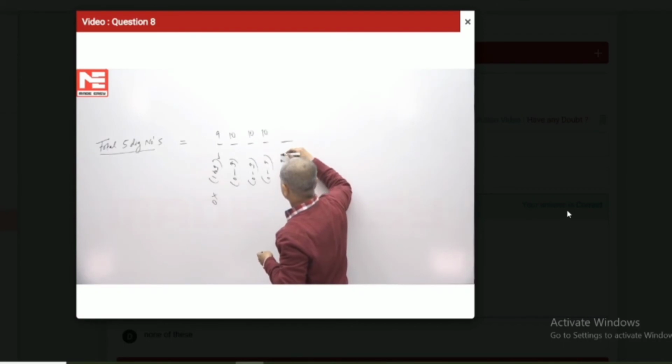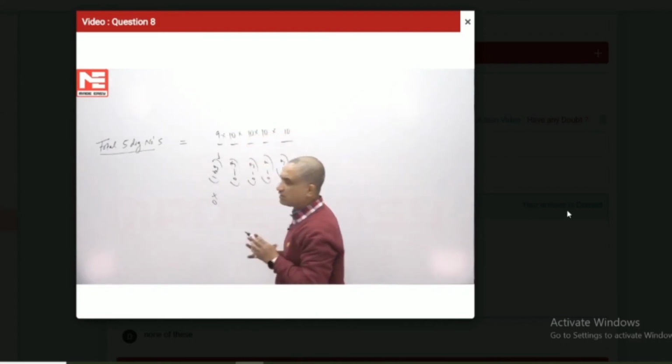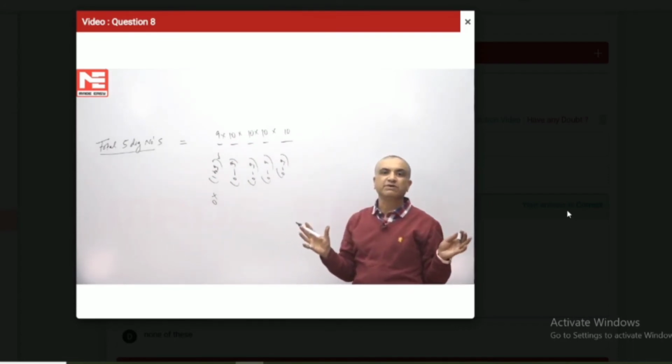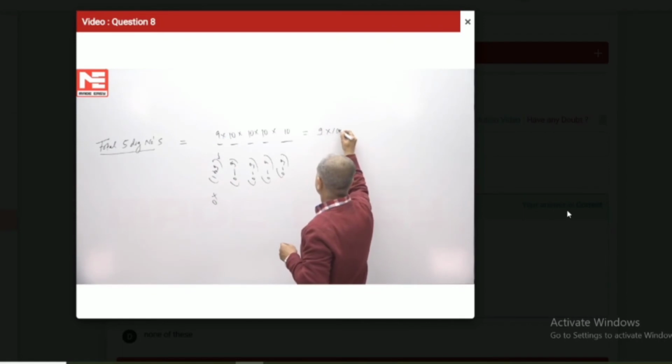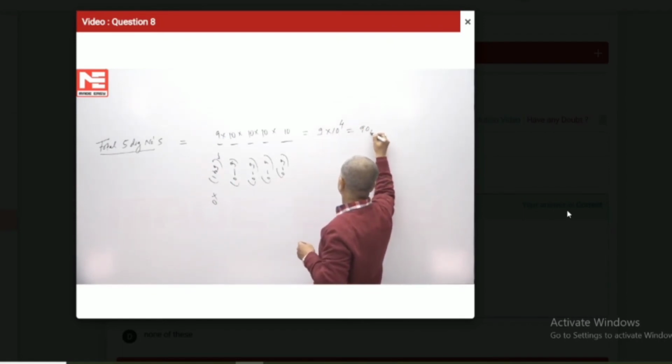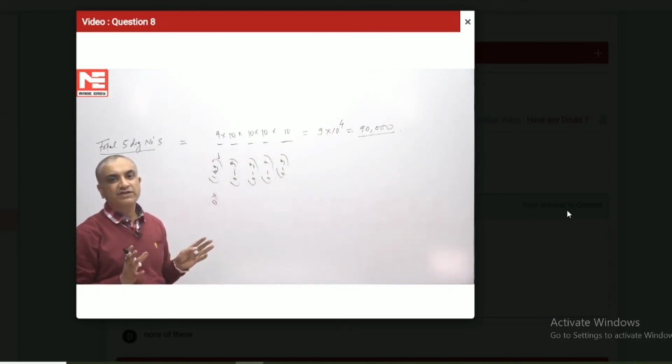And here also, because we are not talking about repetition not allowed, we are talking about total 5-digit numbers that exist, which is equal to 9 into 10 to the power 4, which is fundamentally 90,000, right? These are the total 5-digit numbers.